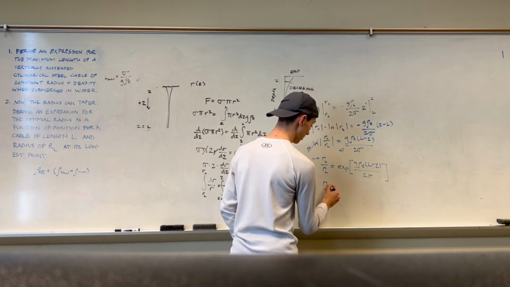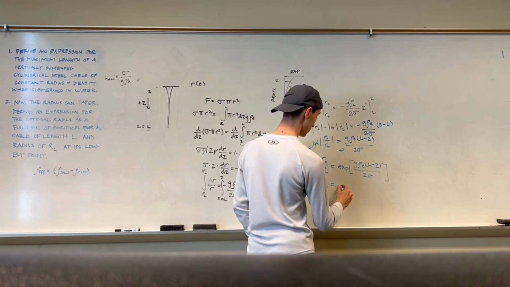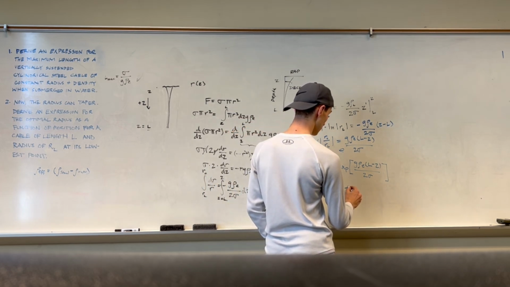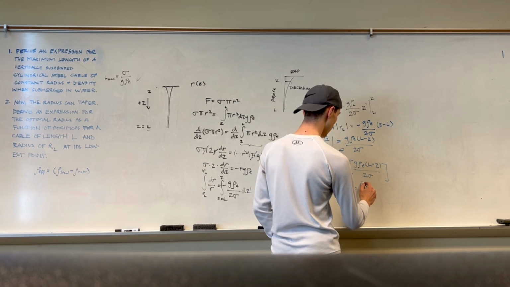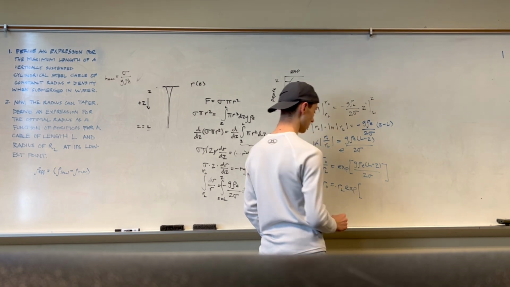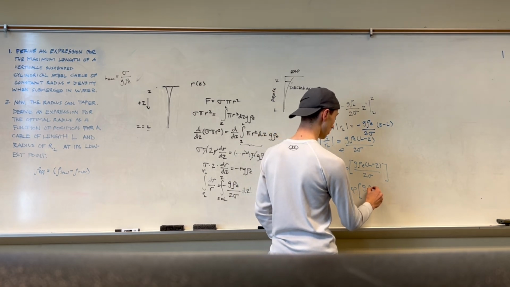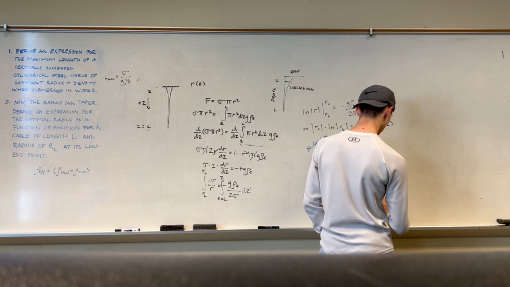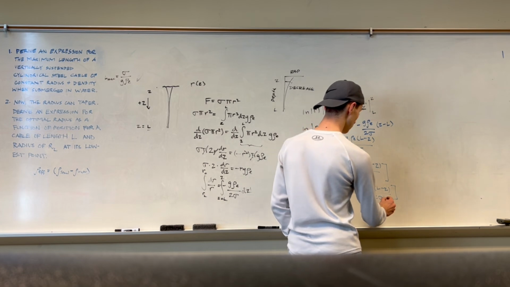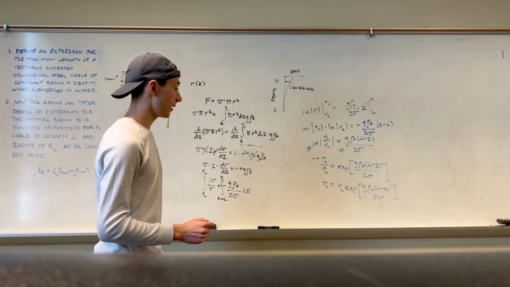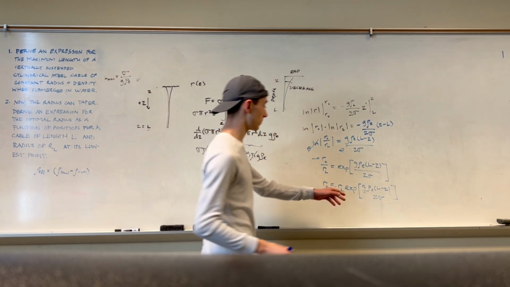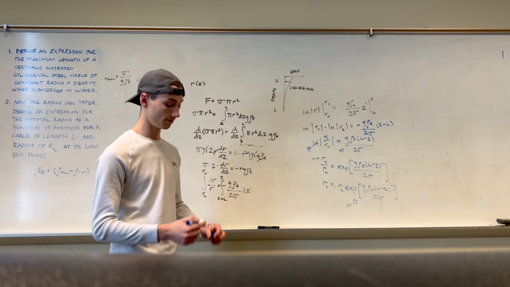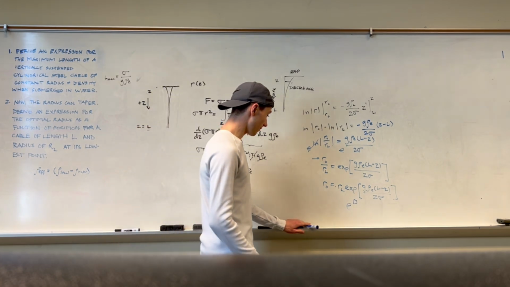So r is equal to the minimum radius, RL, times e to the power of g rho times L minus z over 2 sigma. I think that's our final expression. When I write exp, this just equals e to the power of the thing in parentheses. That's our final expression there.